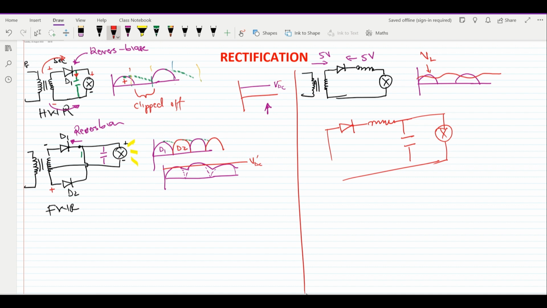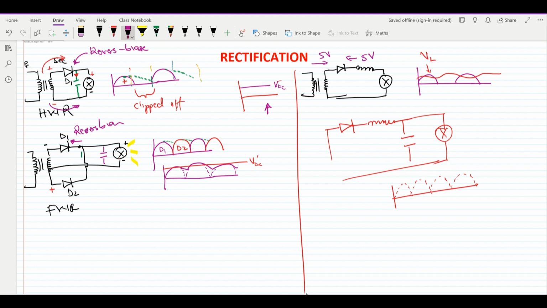Now, what exactly happens here? The output waveform in this case, originally, when you are dealing with a full wave rectifier, this is what we had before. Now, what does the inductor do here?